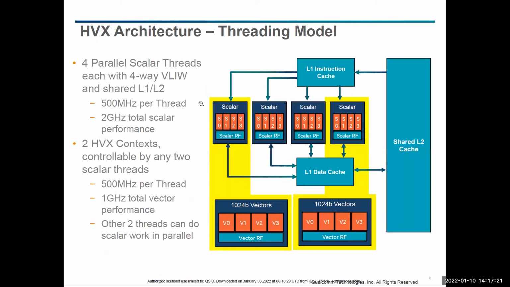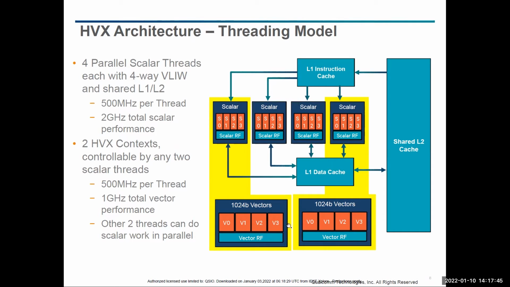Now we'll talk about the multi-threading model, which we often call internally at Qualcomm thread level parallelism. What thread level parallelism does is allow multi-threading of applications across scalar and vector hardware, and it allows coexistence of scalar applications that want to make use of the scalar hardware and the vector hardware.